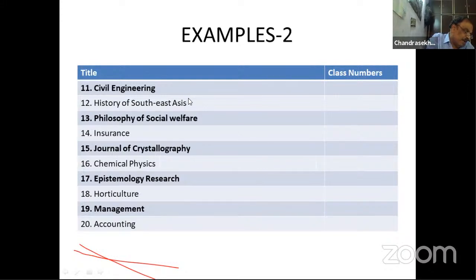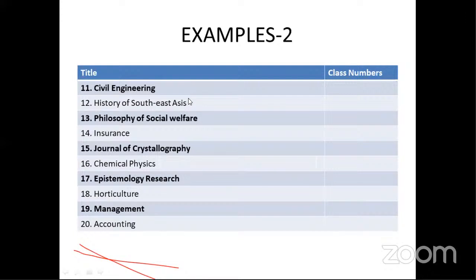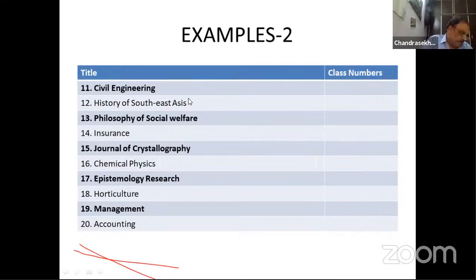Sir, 600 is chemical engineering, sir. Chemical physics is not under chemical engineering. So then we will see under physics. If it is not there under chemical, then we have to see under physics, whether they are given as a subdivision of physics.